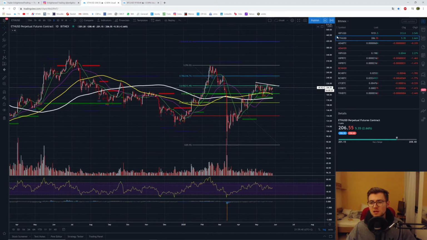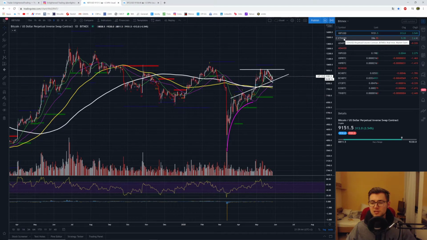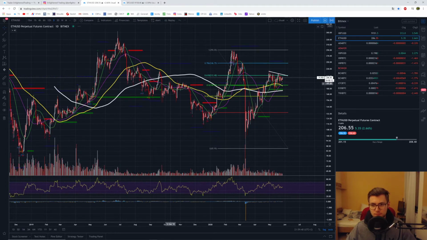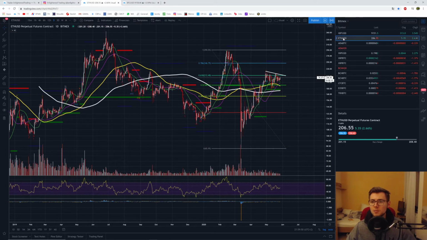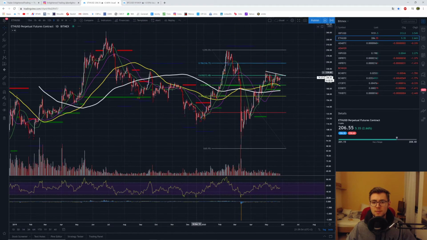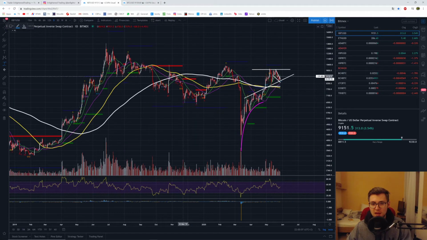But you can see that Bitcoin, for example, is pretty strong compared to Ethereum in general, looking at market structure, because Bitcoin is much higher. From the current price, Ethereum still has to clear 40% to the upside to reach its swing high, while Bitcoin only has to clear 15%.